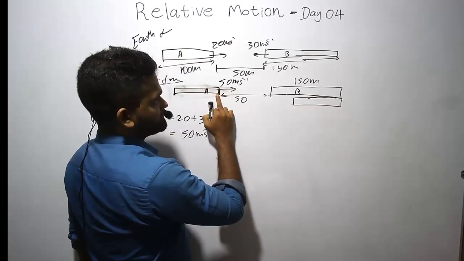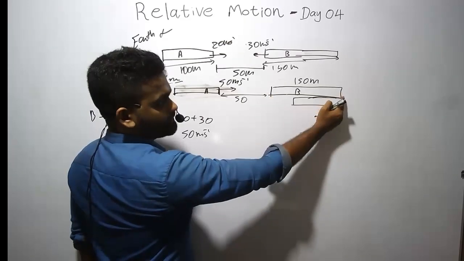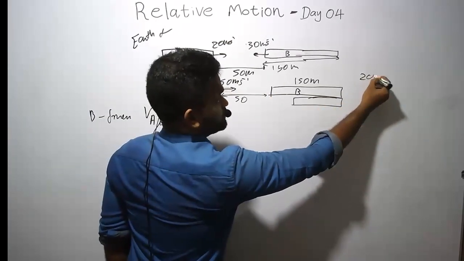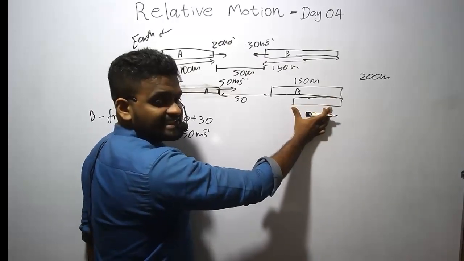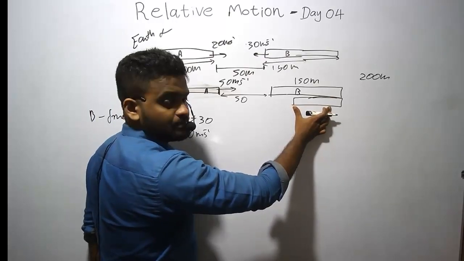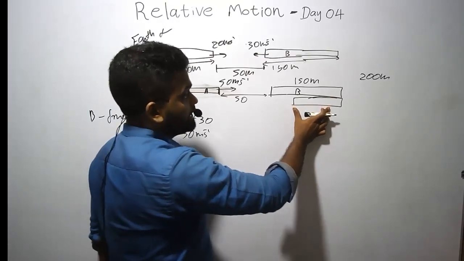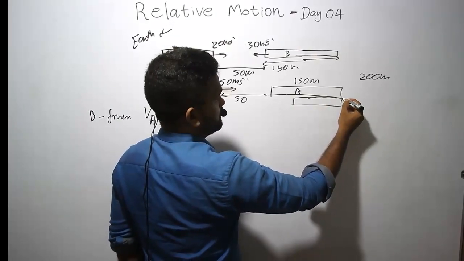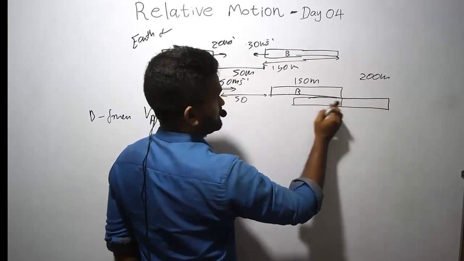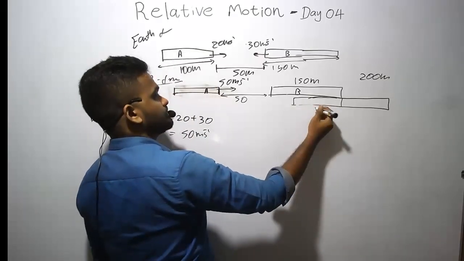So this front has to do 50 meters, then 150 meters. So it is 200 meters for now. Still train B is not passed. In order to pass, A has to move another 100 meters.